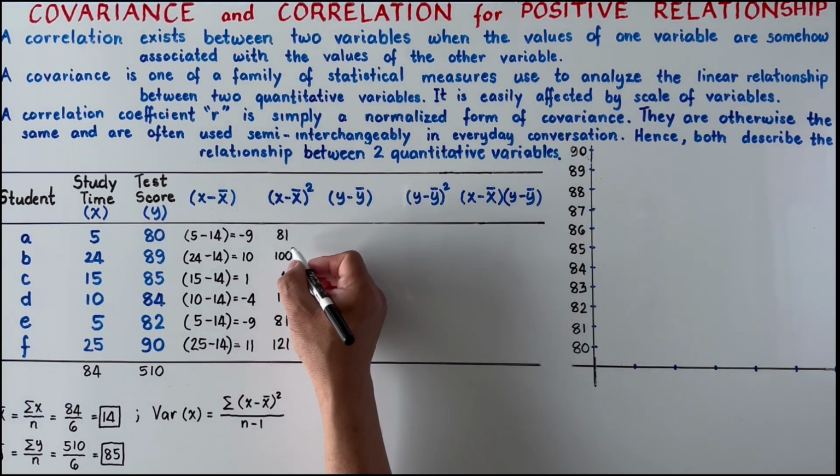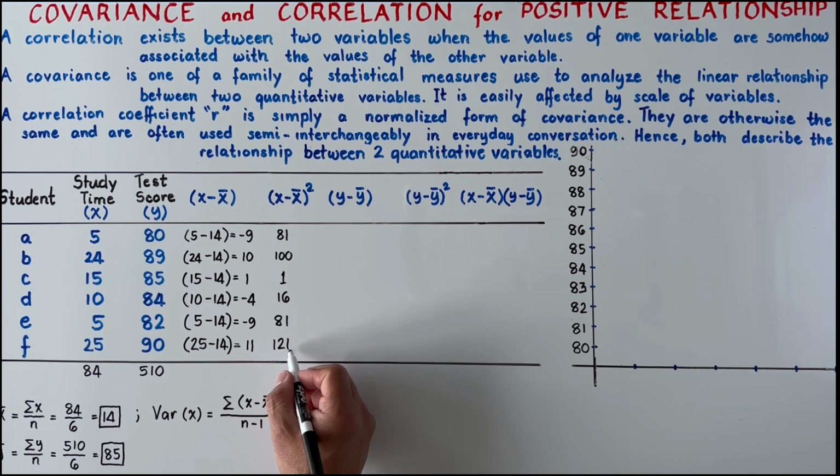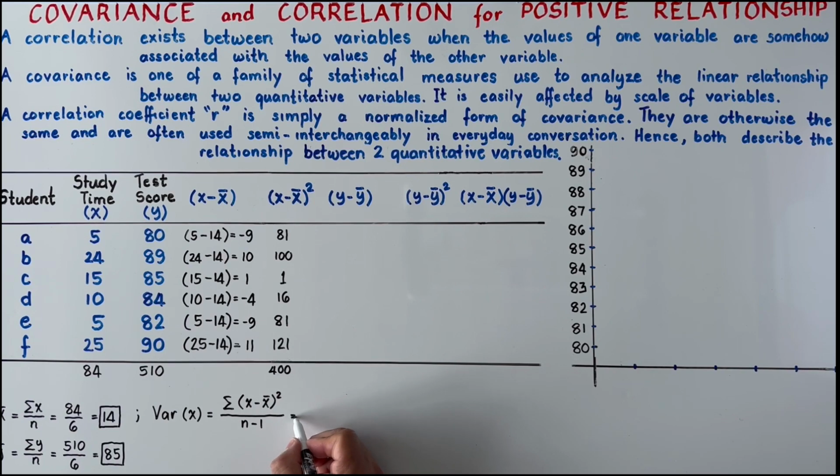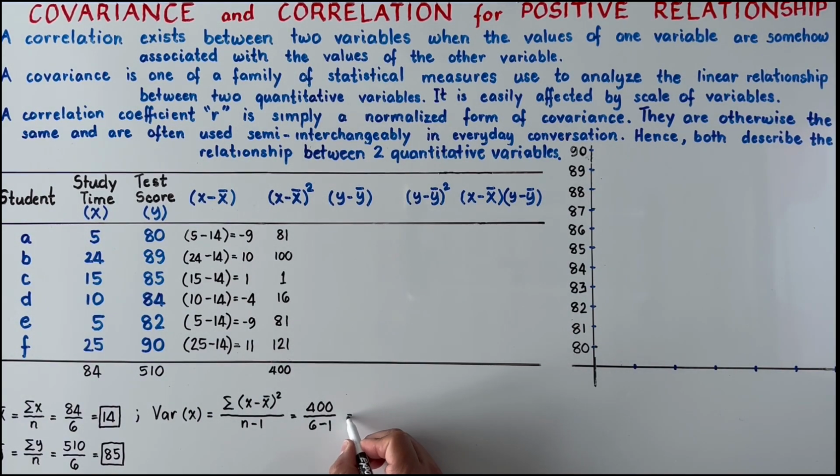So if you add 81 plus 100 plus 1 plus 16 plus 81 plus 121, we have a sum of 400. So this is equal to 400 divided by 6 minus 1 because there are 6 students here. So this is equal to 80. So we know that the variance of the variable x is 80.